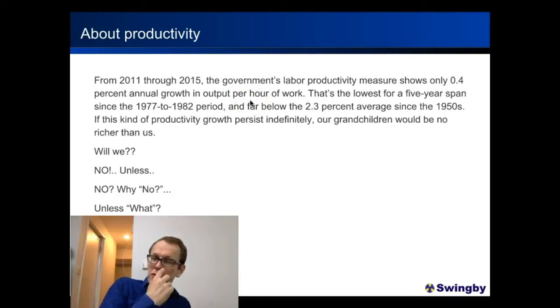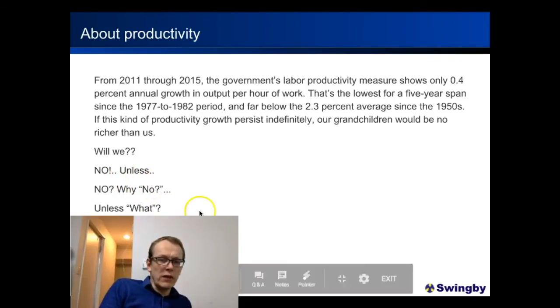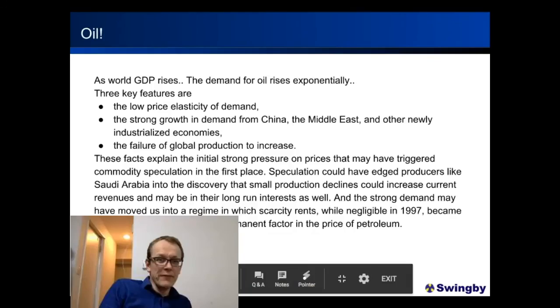Far below the 2.3% average since the 1950s. If this kind of productivity growth persists indefinitely, our grandchildren would be no richer than us. Will they? Well, no. Why no? Well, unless what?